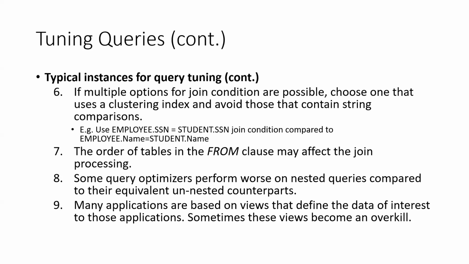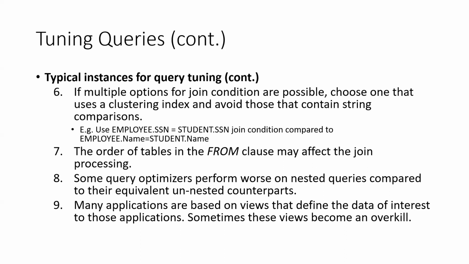Then, if you have multiple join operations, you can use what we call the clustering index and avoid those string comparisons. I already explained to you about the clustering index. Sometimes you can combine attributes to make execution faster.